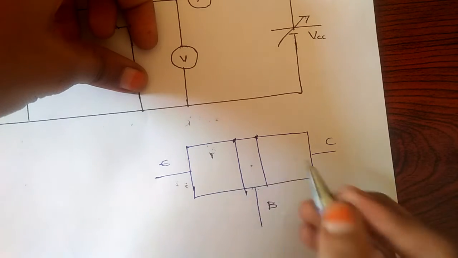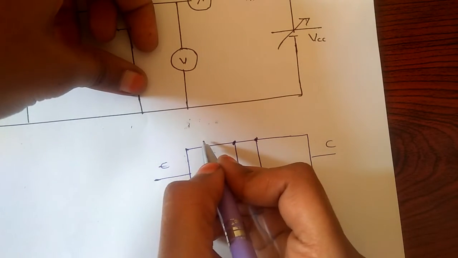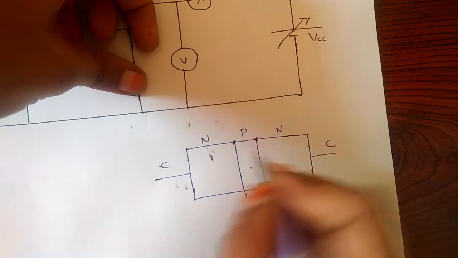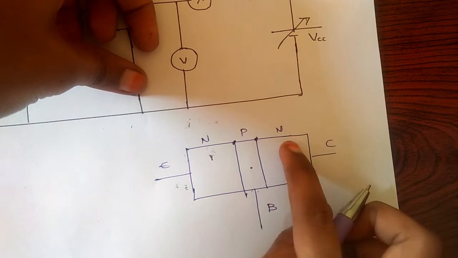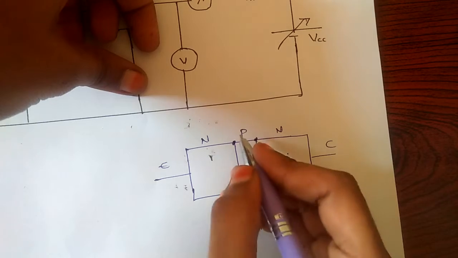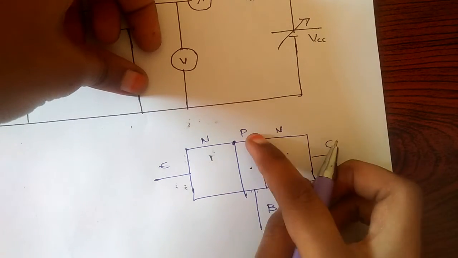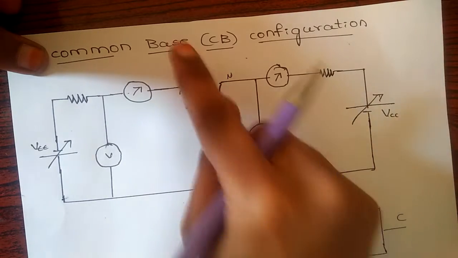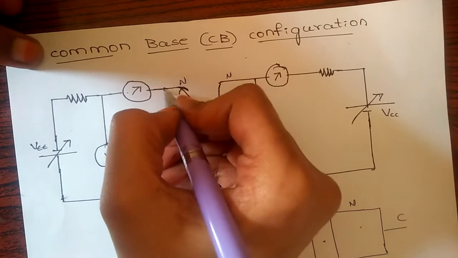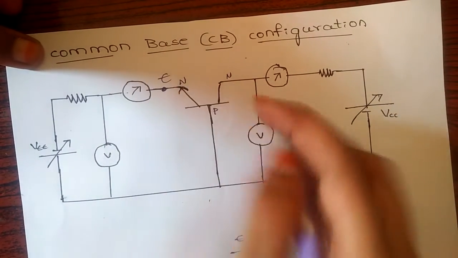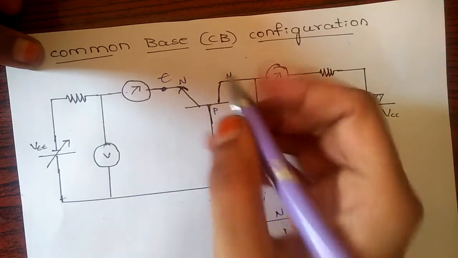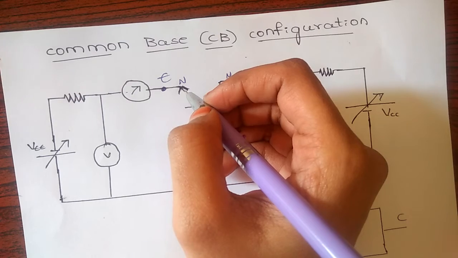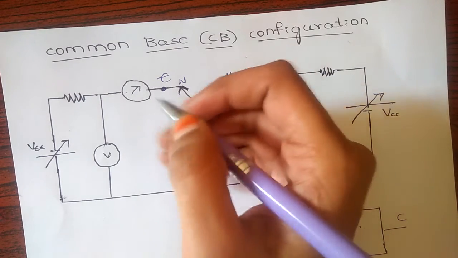We have three regions, which I am taking as N, P, N: emitter, base and collector regions. This is the emitter base junction, or emitter junction, and the base collector junction, or collector junction. Here we have taken base as common. In an NPN transistor, the emitter terminal is indicated with an arrow in the outward direction.